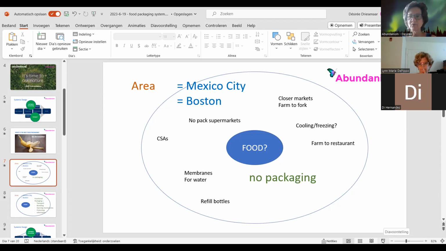There's oyster mushroom growing, fish farming, you can do the biodigester, all kinds of things. And then the beer brewer says, but I'm a beer brewer. I know only about beer brewing. So you need to work together.